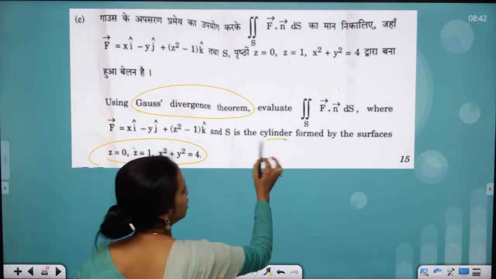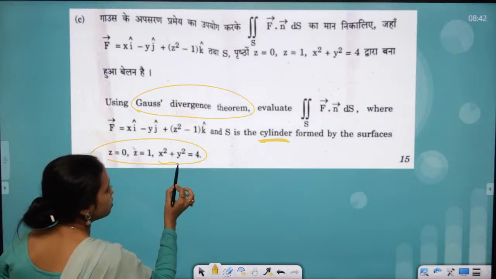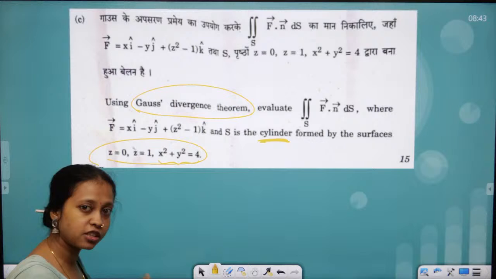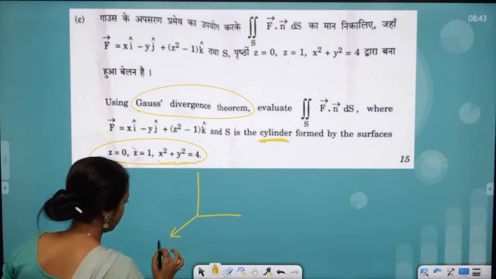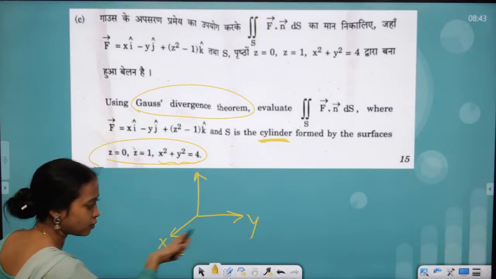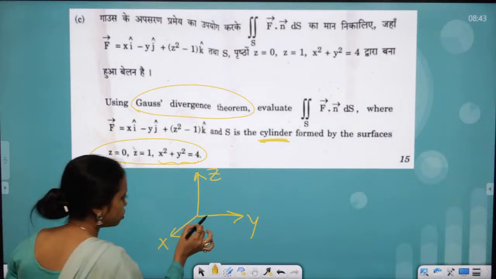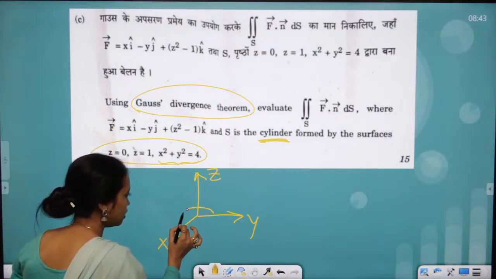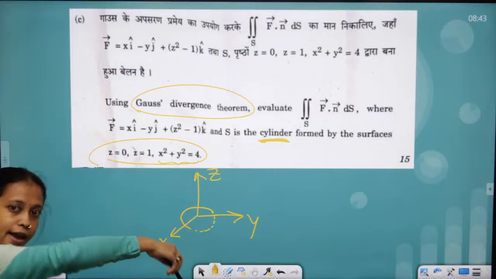This is a cylinder, the equation of the cylinder. How? x square plus y square is equal to 4. In 2D it is a circle, in 3D with x, y, z axes, on the XY plane this is a circle.